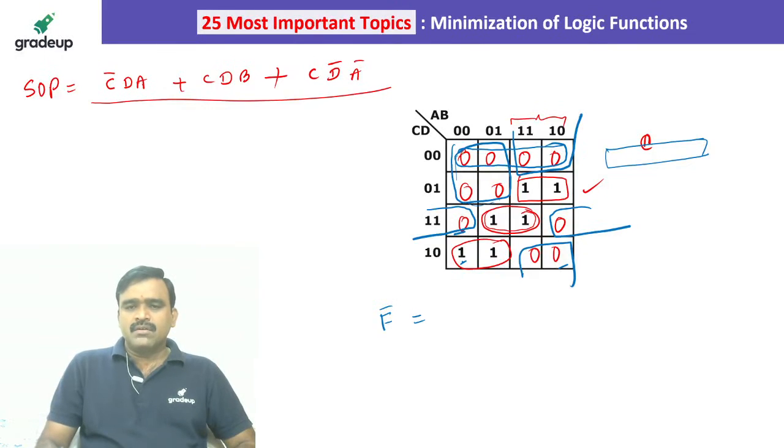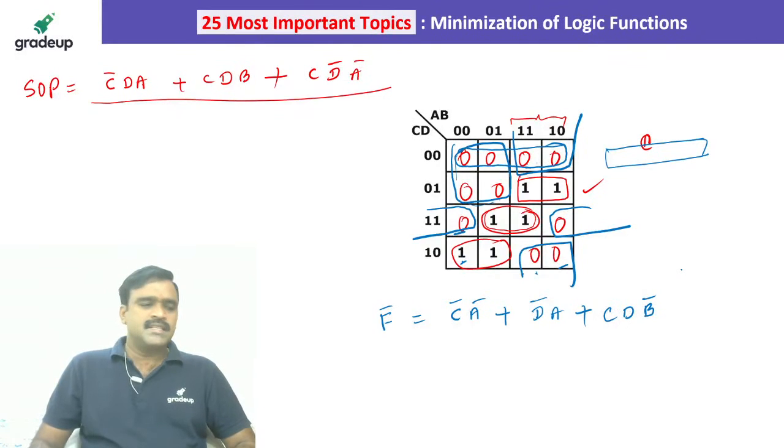So f dash is equal to C bar A bar plus, and these top 2 ones and bottom 2 ones come under D bar A, this one and this one. So this is D bar A. And these 2 zeros come under C D B bar. So this is F bar.